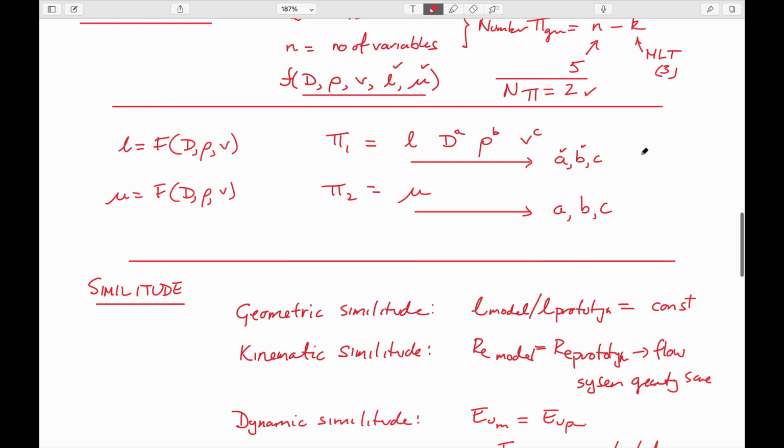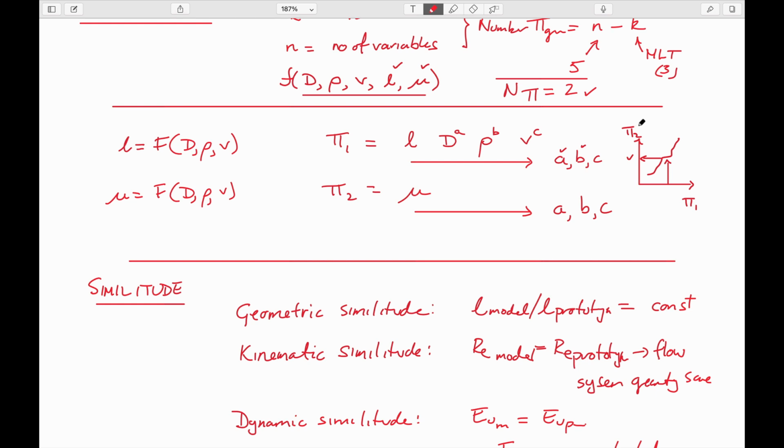I suppose the important thing to note is that since you have these variables, pi 1 and pi 2 defined, and you only have 2 variables, then it actually doesn't need to be a straight line. You know that if you have one of these variables held constant, then it will always give a single constant number which will define this value of pi 2.